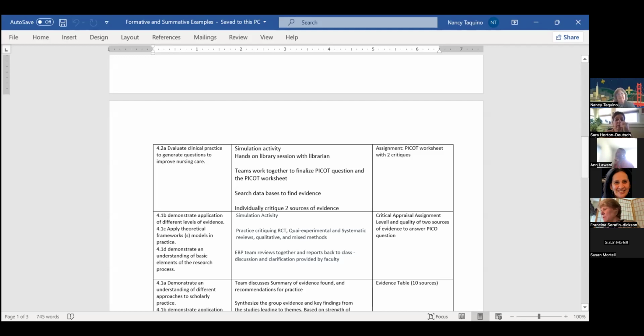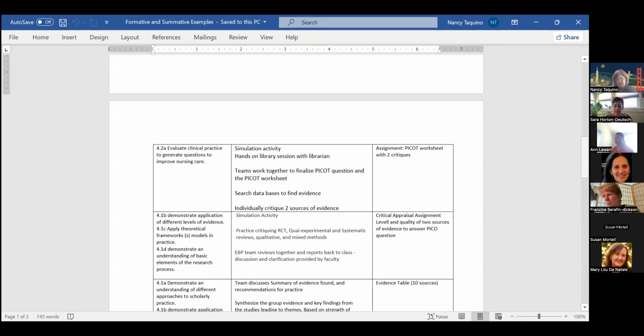Yeah, and I mean, in my mind, I've kind of tried to build each module to some sort of an outcome. And so thinking sequentially how people learn, they're in a simulation activity, or you're covering different content, then they're applying it. They're applying it to be able to do this element of the final.